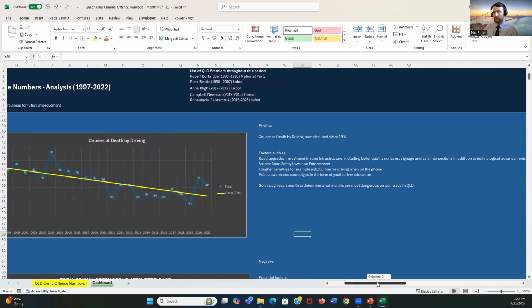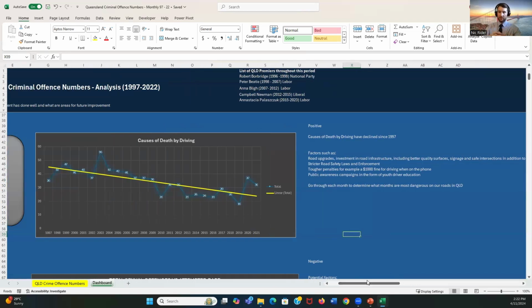Stricter road safety law enforcement, for example, the $1,000 fine in Queensland for driving and talking on your mobile phone. Things have got a lot stricter, and they've really raised those fines for things that can cause roadside accidents.